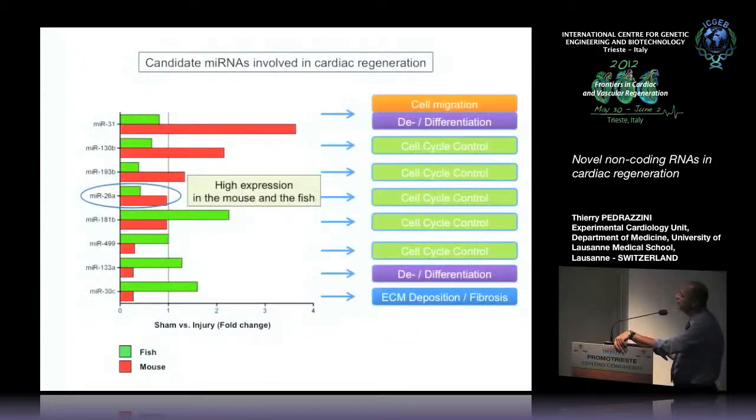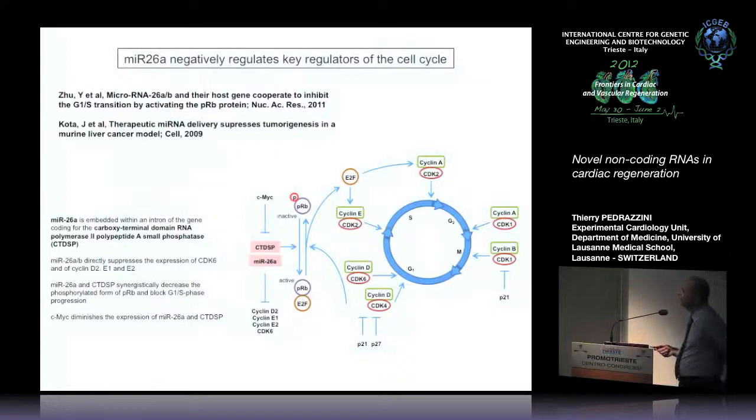Now, one interesting example is miR26A. miR26A is not changed in the mouse. So if you would just do a mouse screen, you wouldn't detect it. But it is significantly downregulated in the fish. Now, this microRNA has not been described in the heart, but has been described in the cancer field, and it is actually a modulator of the cell cycle.